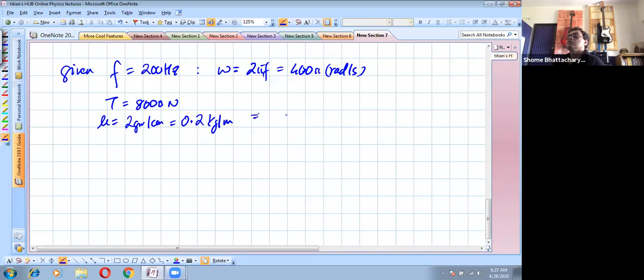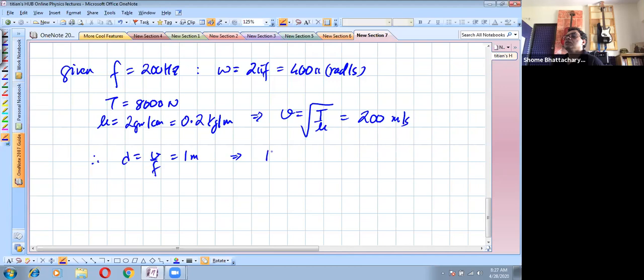So your wave speed, propagation speed, square root T by mu, that is becoming 200 meters per second. So therefore now lambda is v by f or 1 meter. So your k is 2 pi radians per meter.